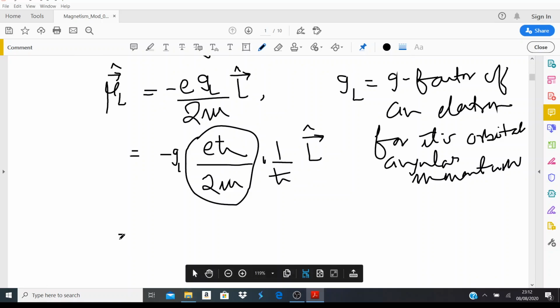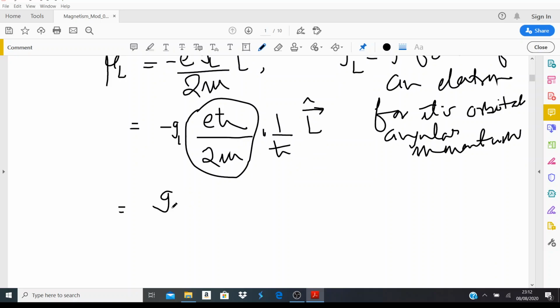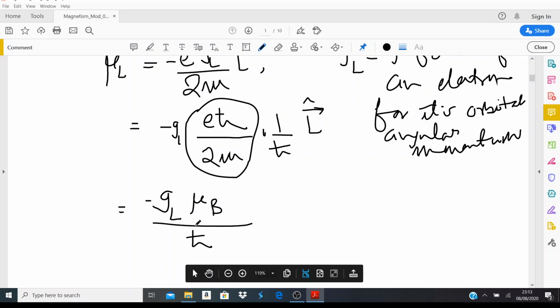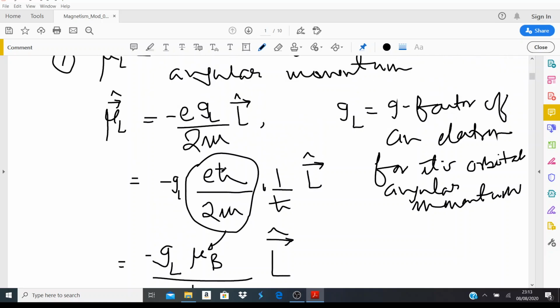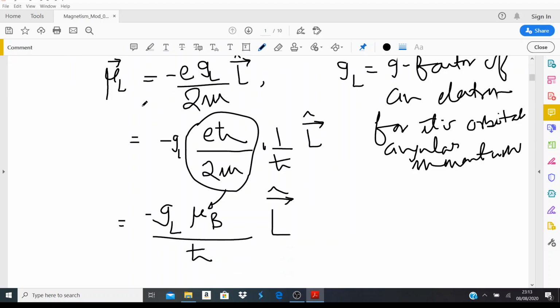And that's why the magnetic moment due to the orbital angular momentum is denoted by G L times the Bohr magneton, which is mu B, and then we have a factor of 1 by h bar times the orbital angular momentum, right? That's how we denote the relation between the mu L and the L.